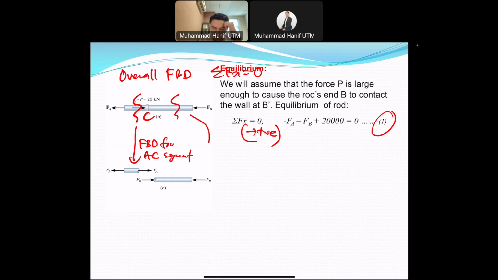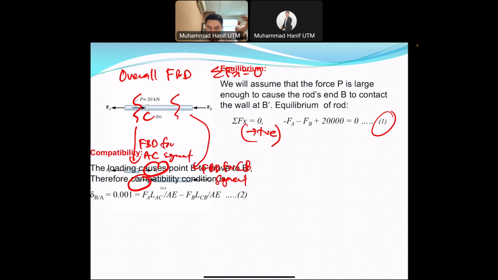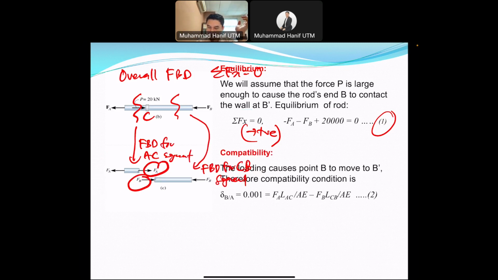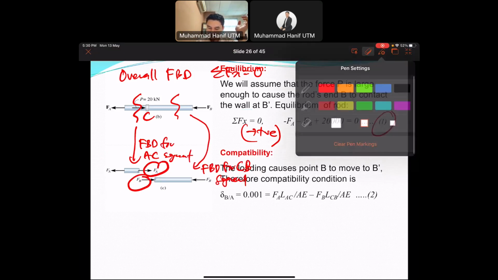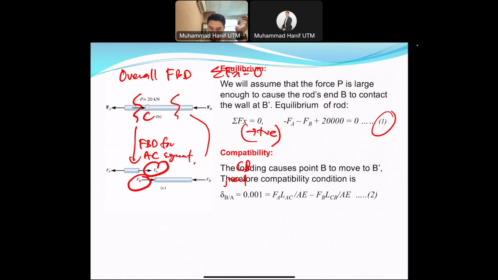And you cut it here, you will have the FBD for the CB segment. From here again, you have to use the equilibrium system to find the internal loads FA and FB straight away, as I mentioned in the previous slide. Sorry, again I have to delete this one to avoid confusion.